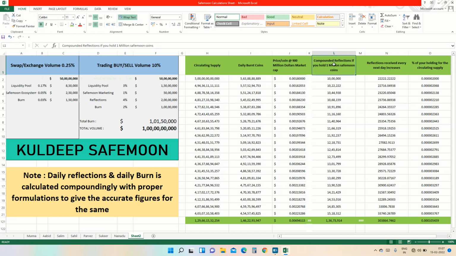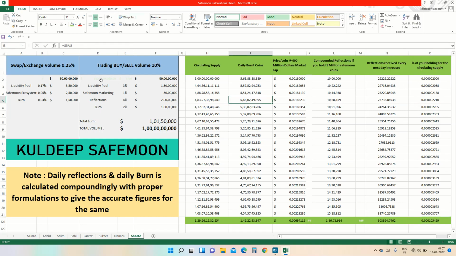Alright, the compounding reflections. You start with 1 million, you end up having 13.6 million. You start with reflections of 22222 per day, you end up having almost 300,000 reflections per day after 120 days. Alright, percentage of holding increases accordingly.